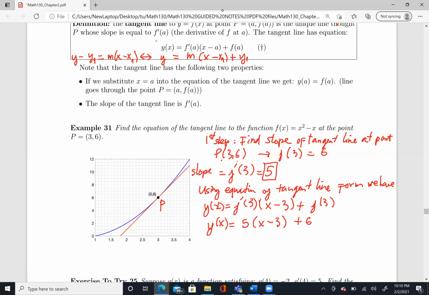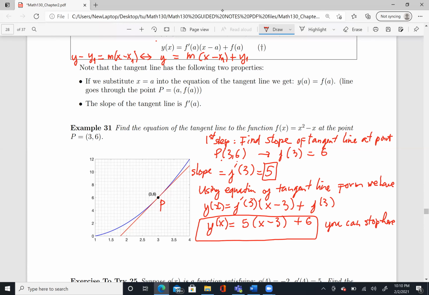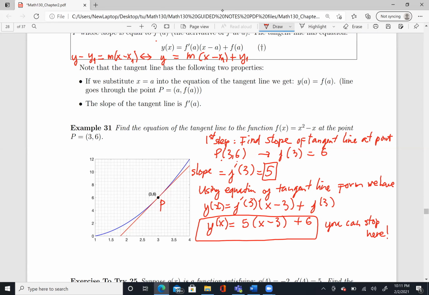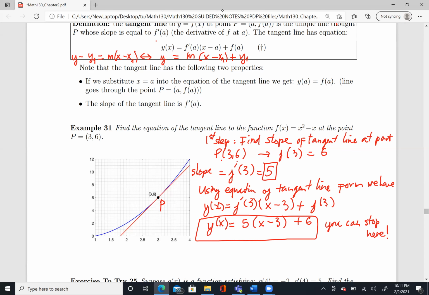You can actually stop here, because this already shows the tangent line equation.